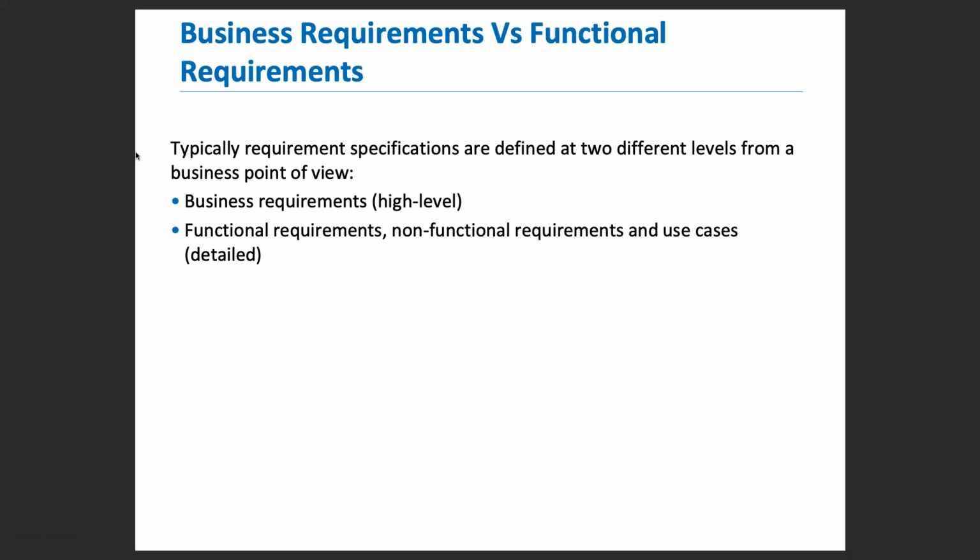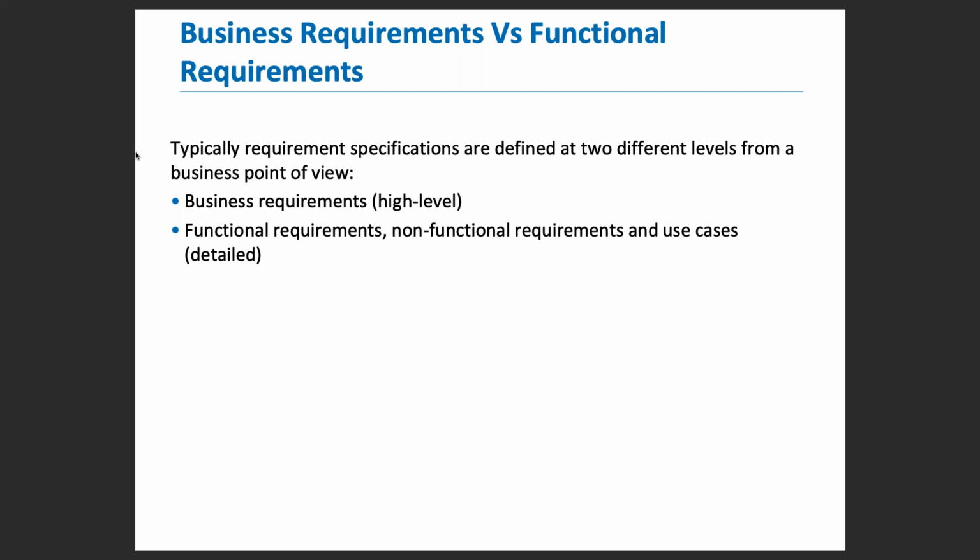First of all, the specification of the requirements has two different levels, right? As we discussed last time, one is the business requirements that are very high level, and then we have functional requirements and non-functional requirements, and then use cases. So all these are various dimensions of requirements specifications.